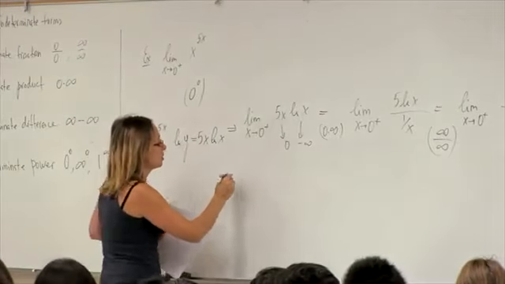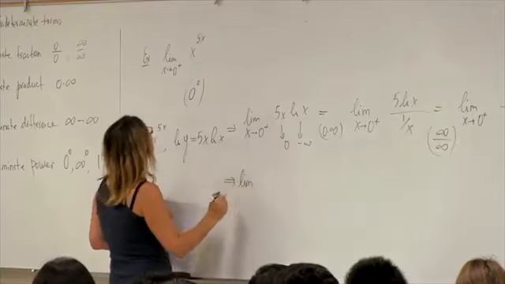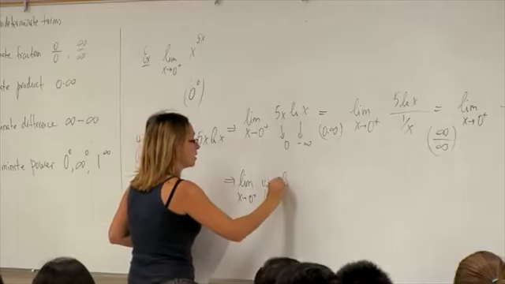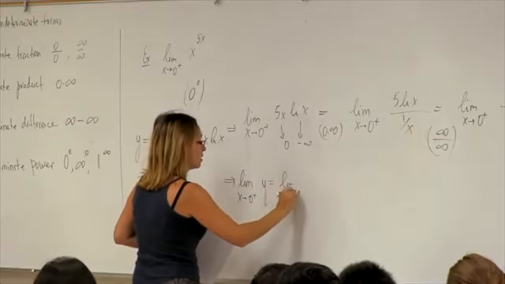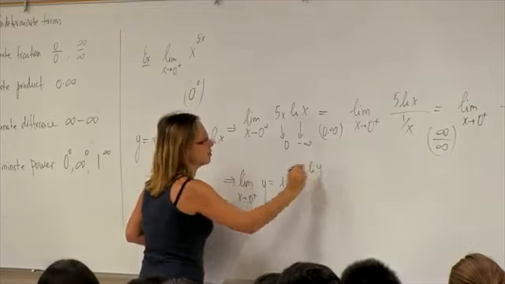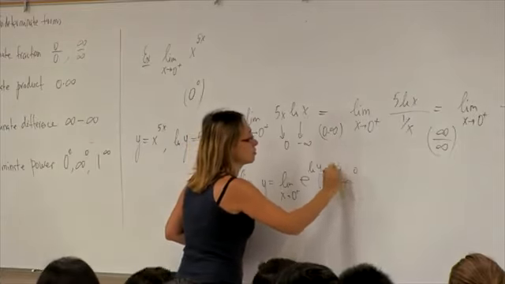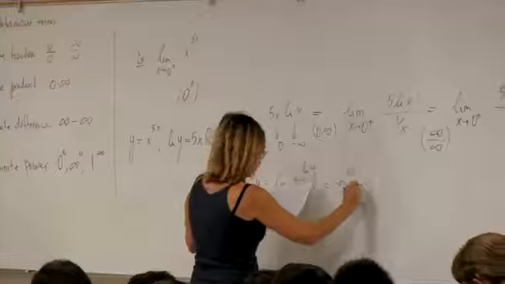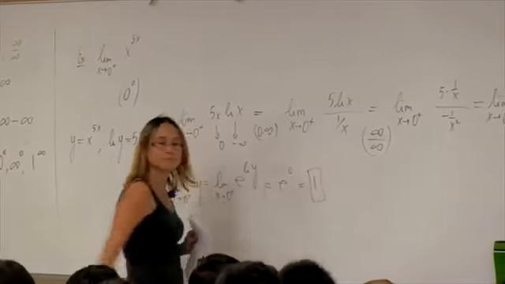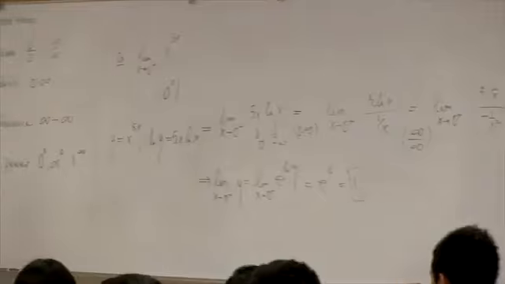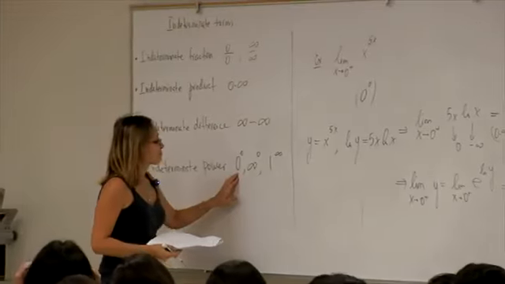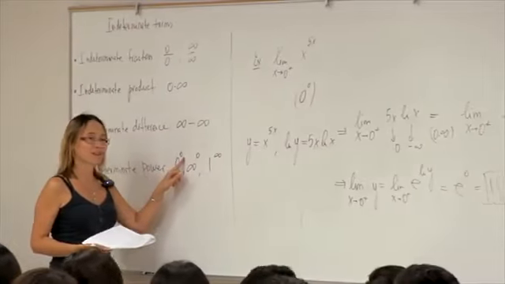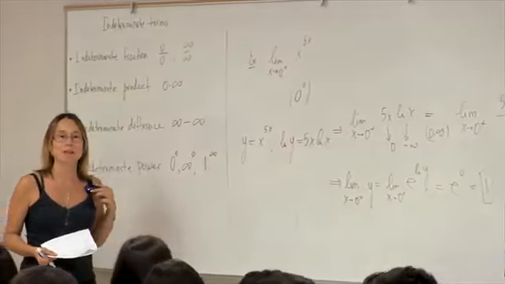Okay, so the limit as x goes to 0 of y is the limit of e to the log of y. Okay, so it's e to the 0, which is 1. So who won? This guy won, right? This guy wants to make the power to 1. Thank you very much.